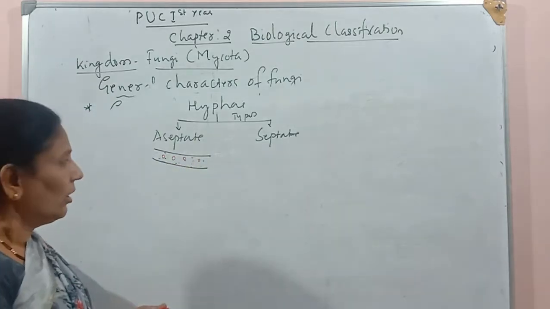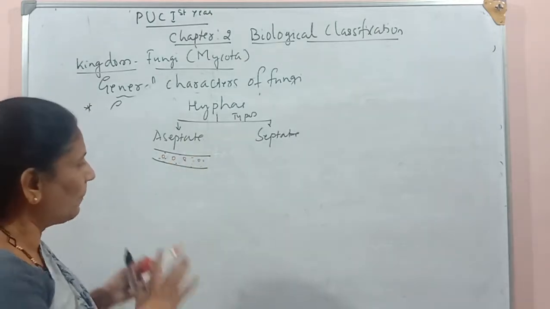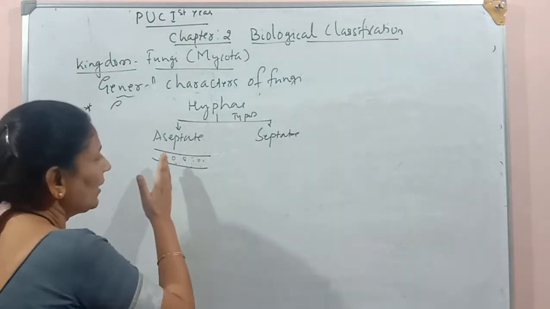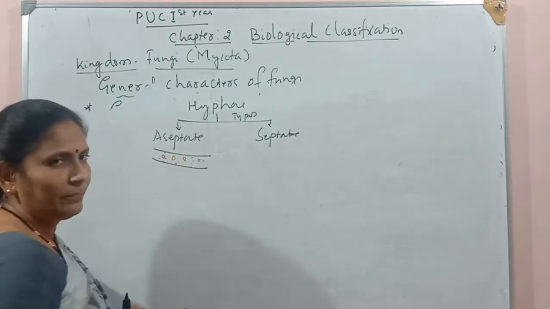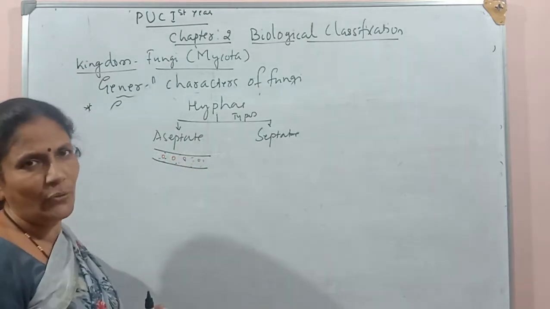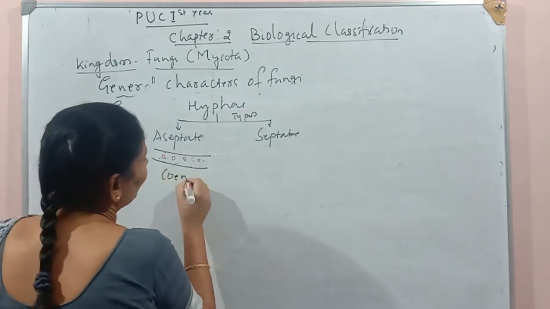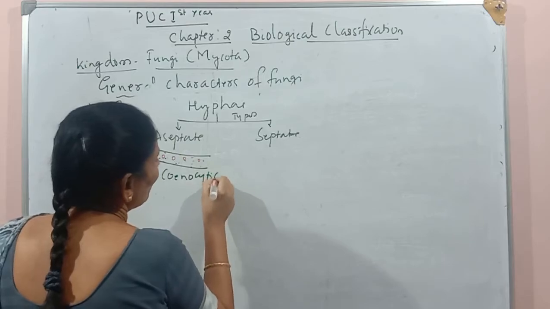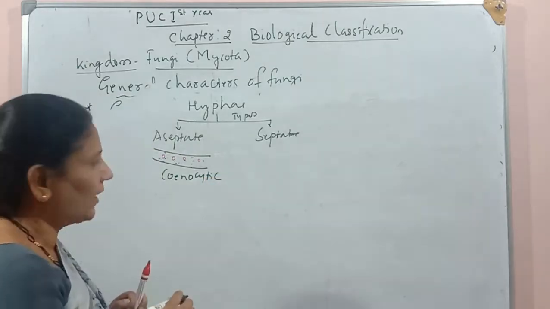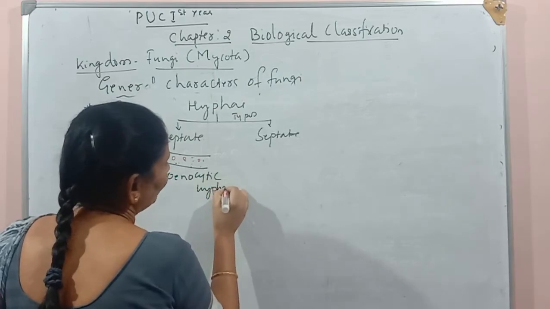Means nuclei are just floating in the cytoplasm, and they are not separated from one another because there are no cross walls to separate one nucleus from the other. This condition is called cenocytic, and such a hypha is called the cenocytic hypha.